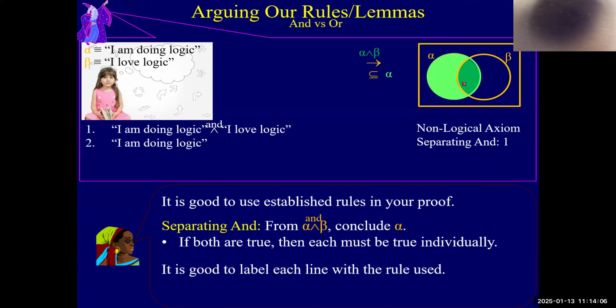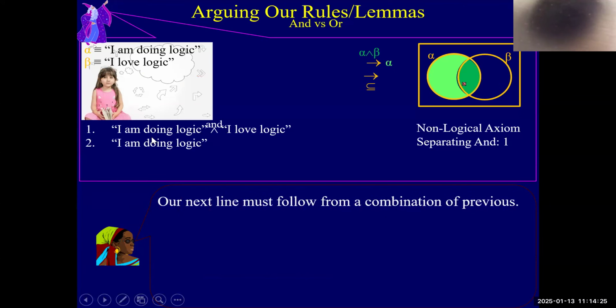And as I said, if you're proving something and your brain hasn't turned on yet, then for every and, apply the separating and rule, right? It's not going to hurt you if you do it and you didn't need it. No, let me just add here. Suppose you're in general doing every rule might be not a good thing.